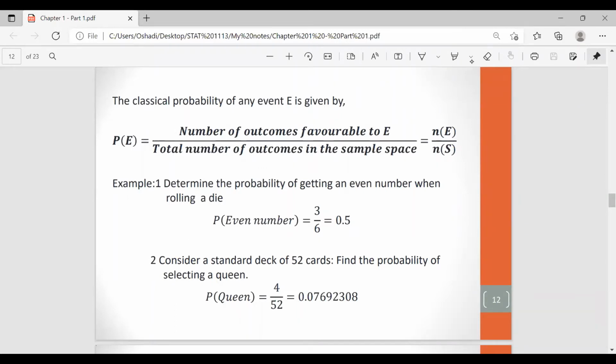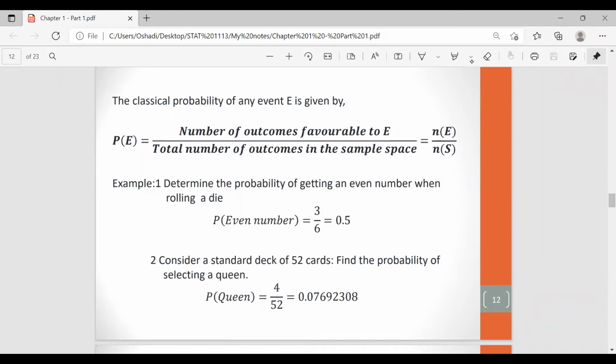Here E is getting an even number, right? So we can write the probability of getting an even number. We want the number of outcomes favorable to getting an even number. So there are 3 possible chances: getting 2, getting 4, and getting 6.